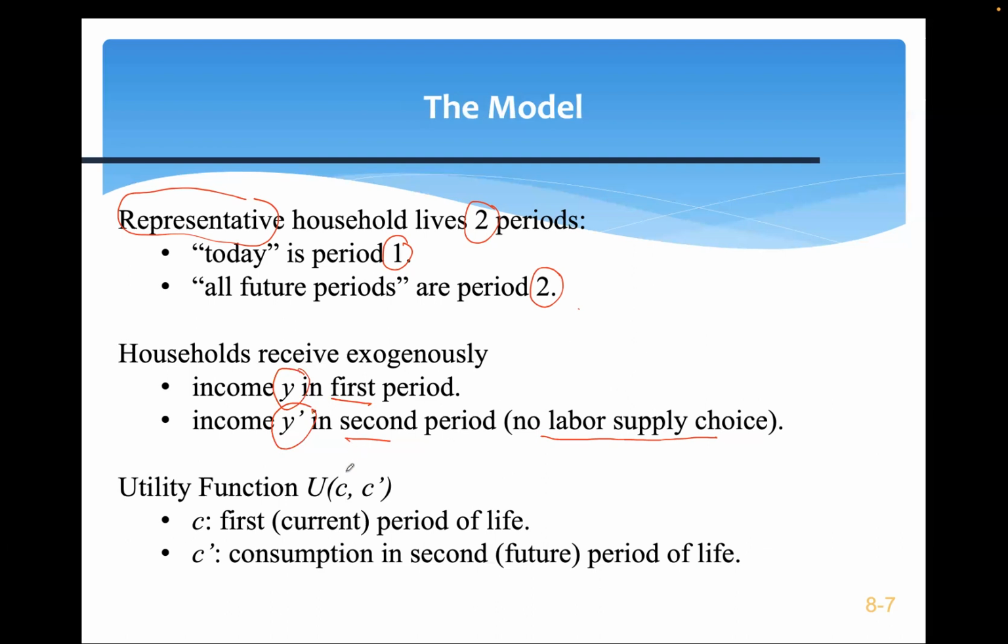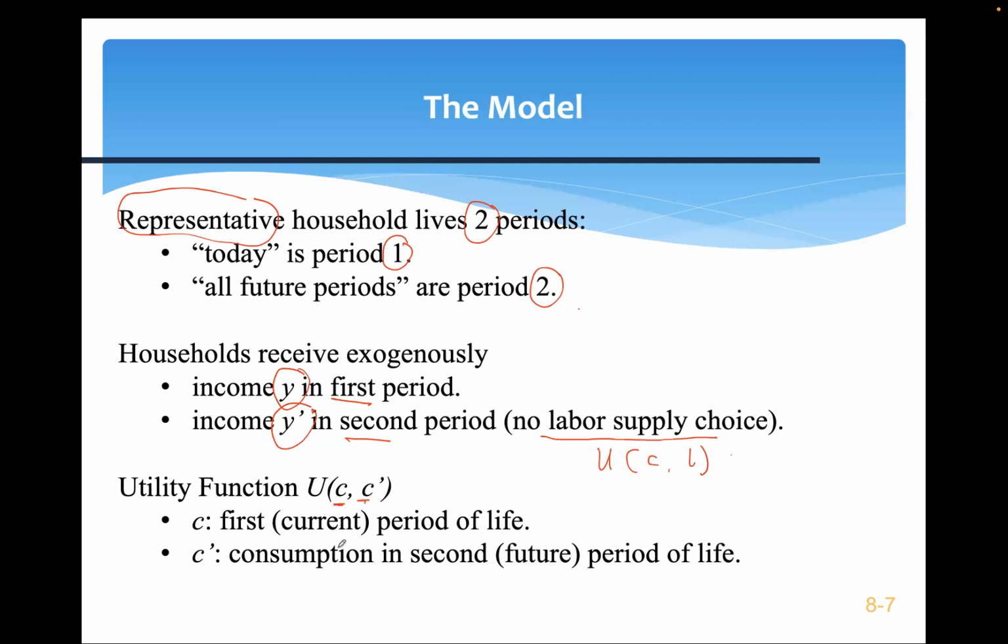Now, similarly, you have a utility function. Remember, when we talked about the labor supply decision in the earlier chapter, the household's utility came from C versus L, leisure. Now here, instead of from leisure, the household is going to derive utility from C and C prime.